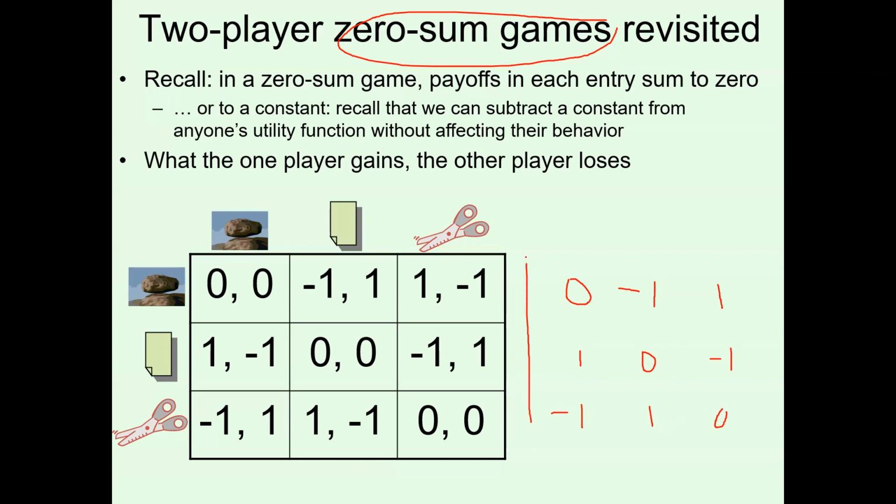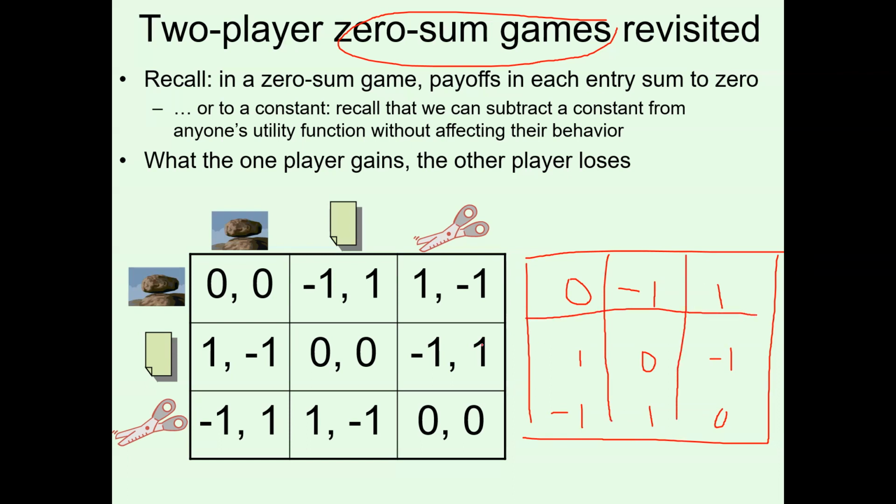Pwede ganyan lang matrix with reference to the winnings of row. Why? Because we would know na kung 0 yung gain mo as the row player, 0 din ang loss ng kabila. Kung negative 1 yung payoff mo, meaning you lose 1 unit, siyempre it will be gain to the other player. So, para redundant siya kung isulat pa natin this way.